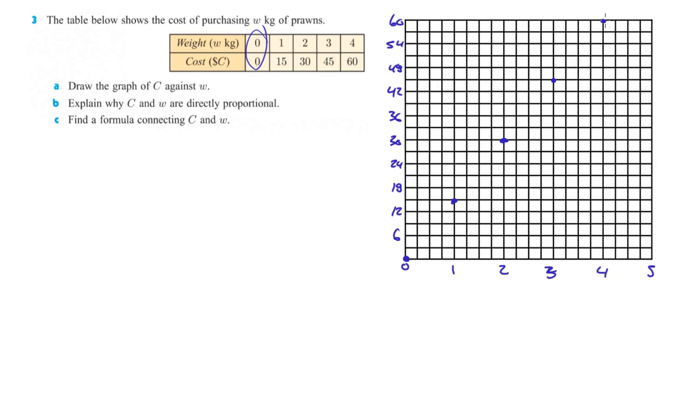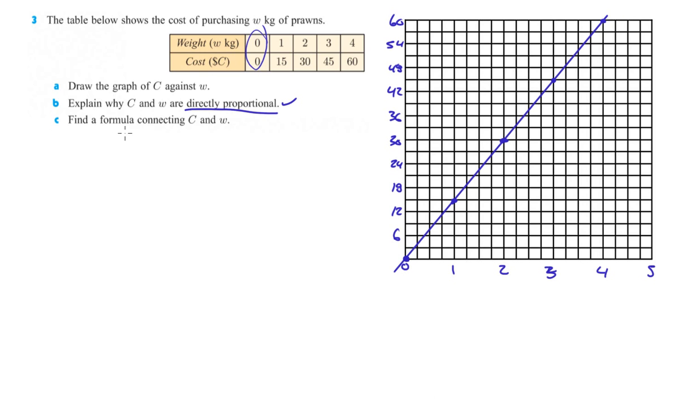Now this should make a nice straight line that goes right through 0, 0, which it does. So that means it's directly proportional. Check. So we drew the graph of C against W. Explain why C and W are directly proportional. The graph is linear and it goes through the point 0, 0. Those are the two big things that we need to make sure happen.